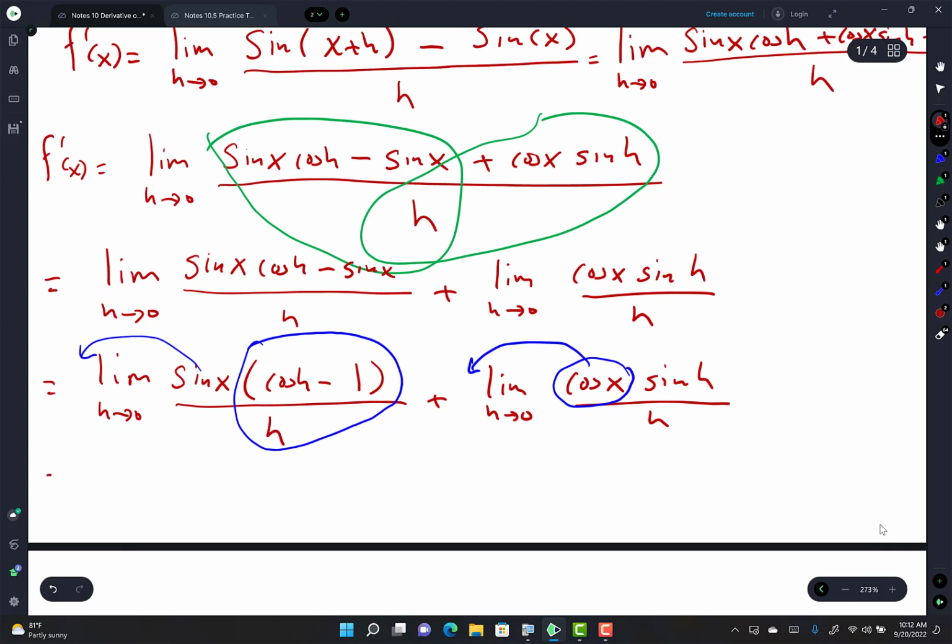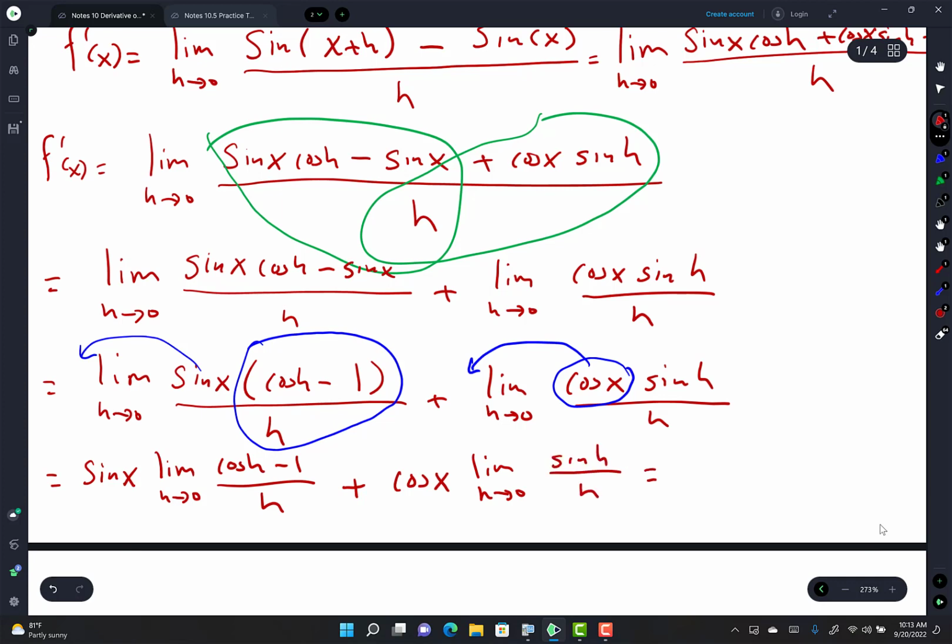I'm going to write sine x limit as h approaches 0 of cosine h minus 1 over h, plus cosine x of limit as h approaches 0 of sine h over h. Hopefully you remember, and it's okay if you don't.